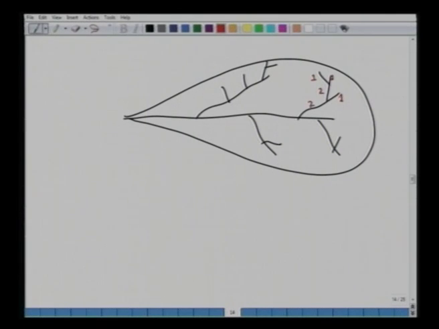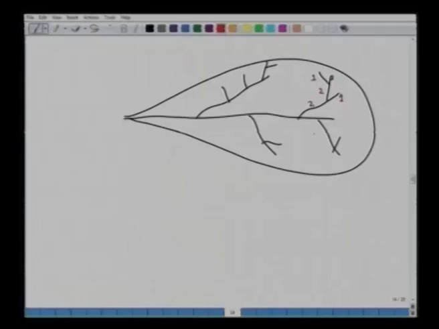When 2 streams of order I or 2 will join, then I plus 1 will be formed. All right. Otherwise not. Okay. So, this is 2, and let us say this was also 2. All right. And then 2 plus 2 will be 3. Okay. And let us say this is 2. All right. So, this 3 and 2 will be 3 here, and let me order this one here.